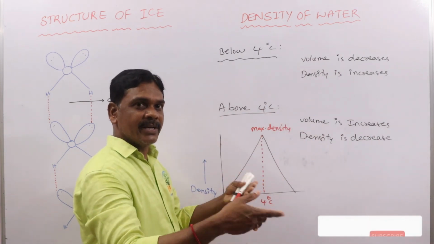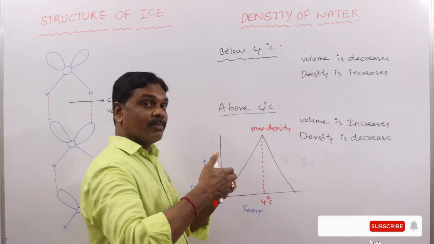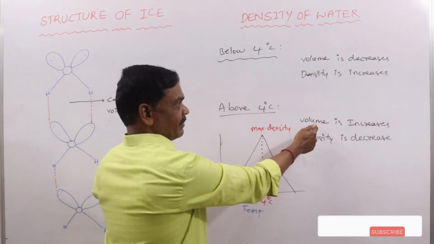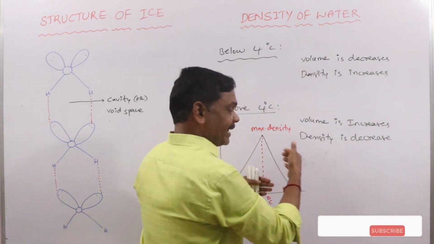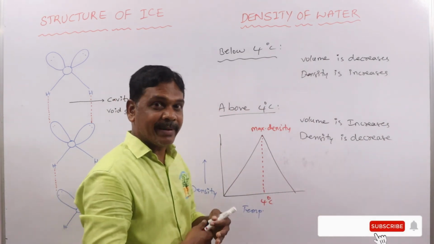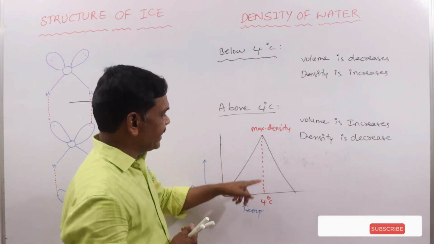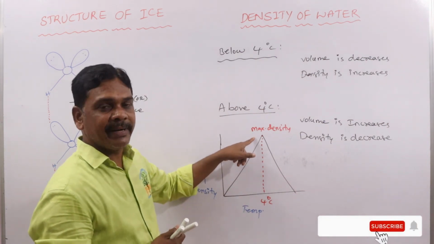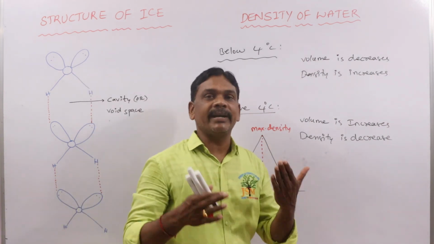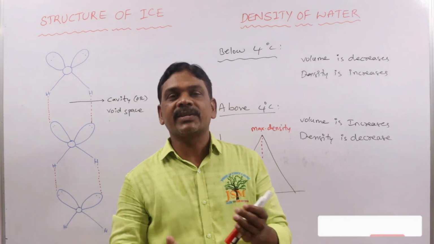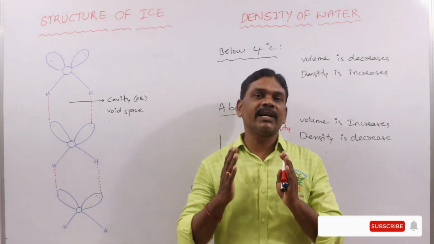There the volume of water is increasing but the density of water is decreasing. So we get maximum density at 4 degrees centigrade. These are also important structural aspects of hydrogen bonding.